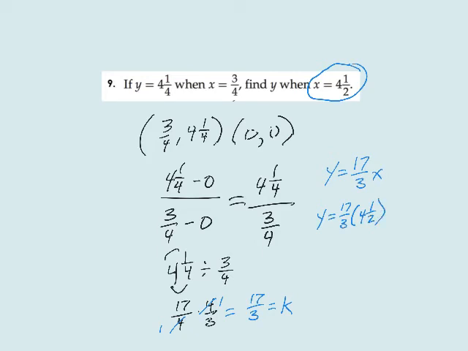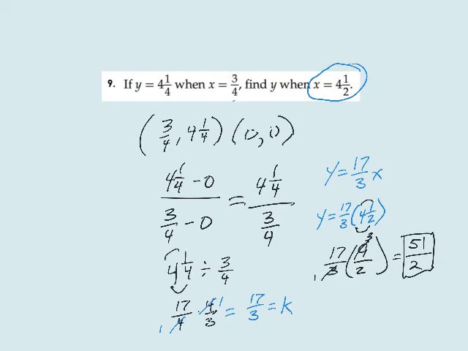So I'll multiply the bottom, 4 times 2 is 8 plus 1 is 9. 17/3 times 9 halves. Look for cancellations. 3 goes into 9 3 times. 17 times 3 is 30 plus 21. That's 51 over 2. 51 halves. And that's the answer to my question.